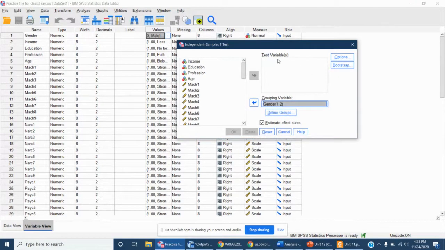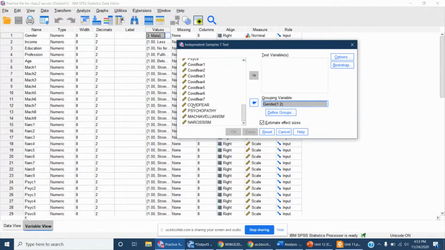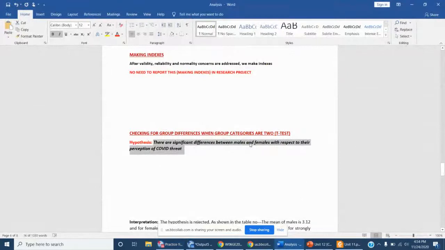Which particular variable are we interested in testing? We are interested in testing COVID fear. Our hypothesis is that males and females are different from each other in their perception of COVID threat. We are saying that males and females will have different perceptions of COVID threat. Maybe females feel more threatened by COVID as compared to males.